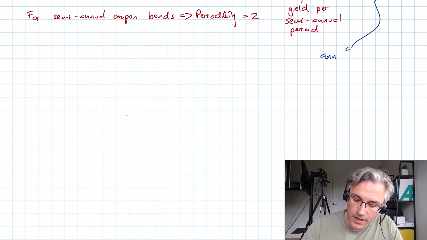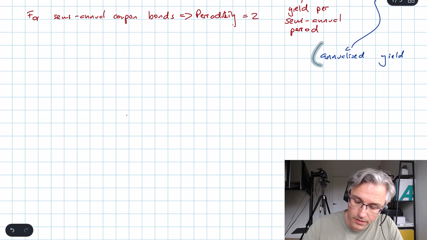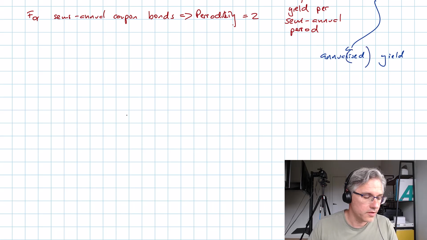So that's the annualized yield, or simply the annual yield. Okay, so annual or annualized yield.